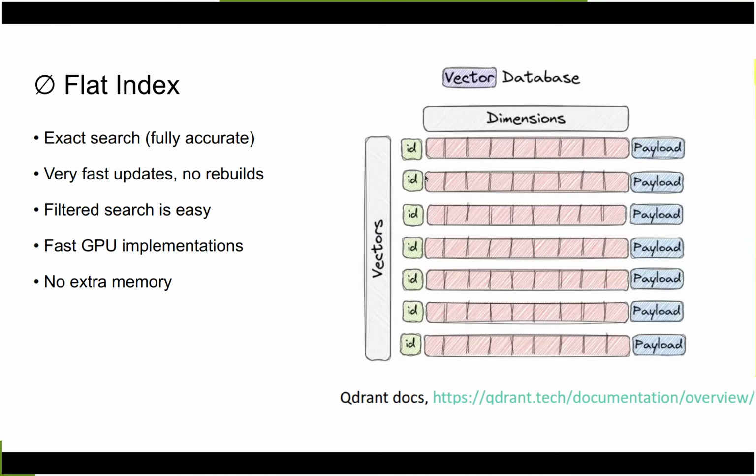So again, flat index: you are just storing vectors contiguous to each other, or in any manner you want. You don't store any index. During queries, you just go through all of those vectors, compute the distance, and then return the closest ones to the user. It is highly parallelizable. It has a very fast GPU implementation.